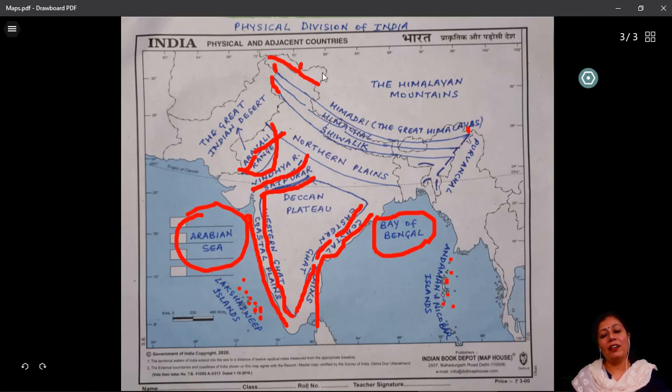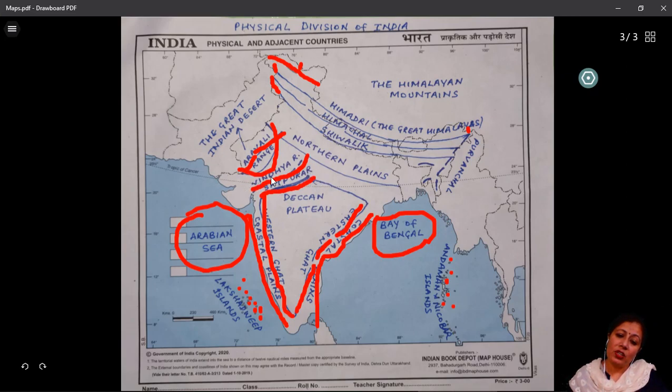You know the Himalayan range is an example of new, young fold mountains, and the Aravali range is an example of old fold mountains. Both we have done, the Aravali range here and the Himalayan range here. The Vindhya range is just below, starting from Gujarat, as the Narmada river also originates from this Vindhya range.